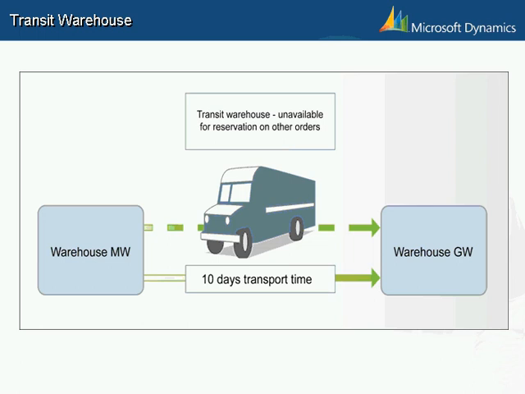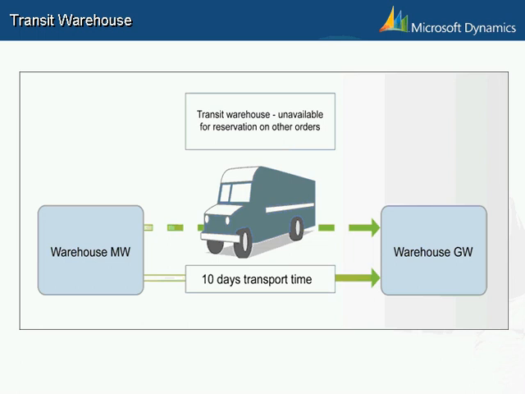Items that are in transit cannot be reserved for use in another order or other type of issue. This is because the items are physically unavailable for allocation as they are being transported from one location to another. Therefore, when you create a transfer order, a transit warehouse is used for the period that the items are being transported. So, for example, you have a transit warehouse and 10 days transport time.